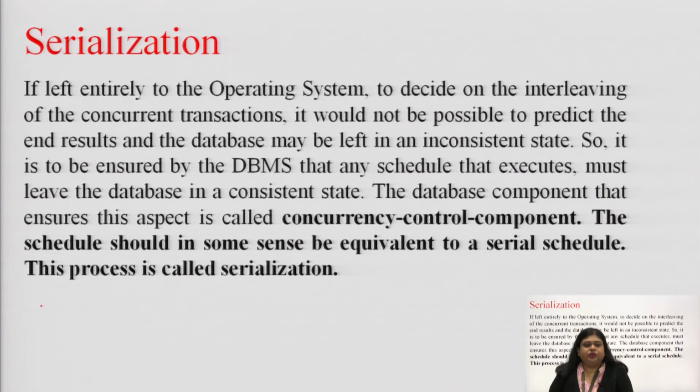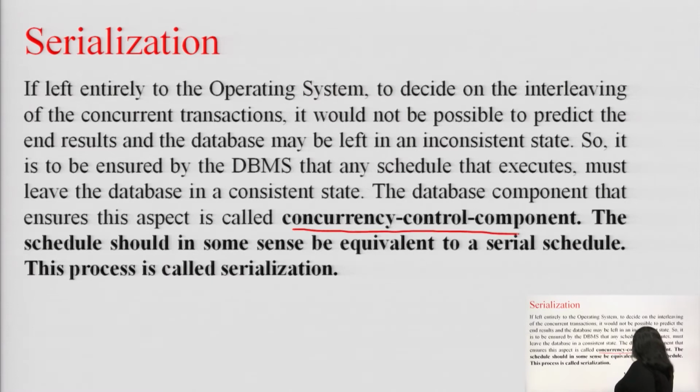The database component that ensures this aspect is known as the concurrency control component. This is our main component in the database management system, which takes care of the concurrency control.